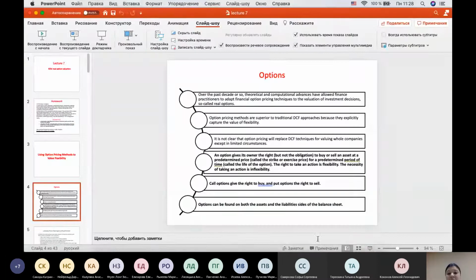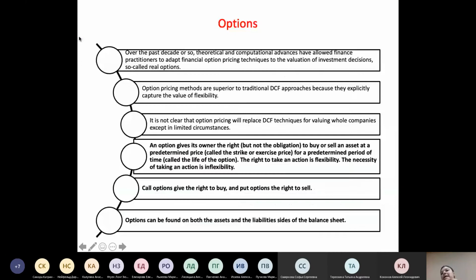And in this case, first of all, we can find similar characteristics between financial options and real options. I'm sure you studied financial options in previous courses, for example, in the courses of Yuri Rolandovich. And in my lecture, I'll try to find the similar characteristics between financial options and real options.